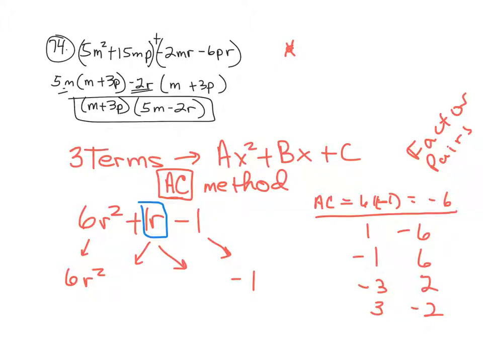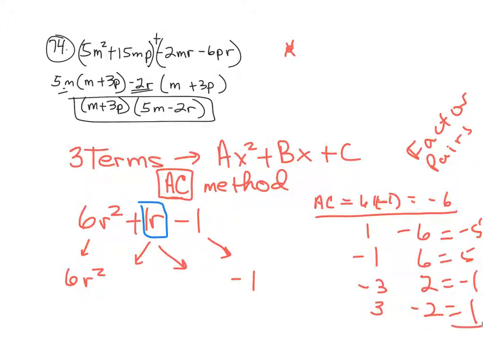Now what we're going to do is pick the pair over here that adds up to 1 over here. So if you think about it, 1 plus -6 is -5, so that's not it. -1 plus 6 is 5, so that's not it. -3 plus 2 is -1, so that's not it. But 3 and -2 is +1.